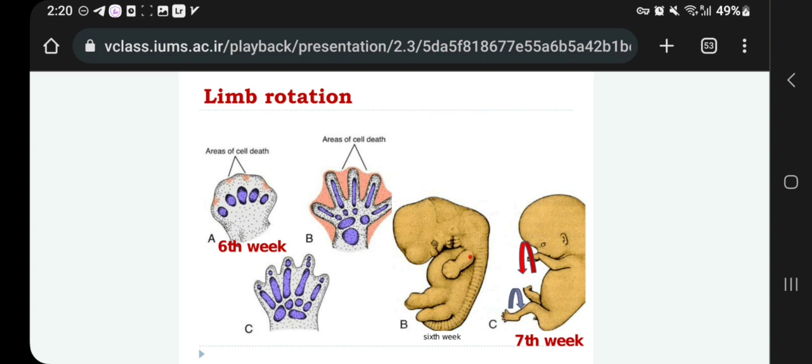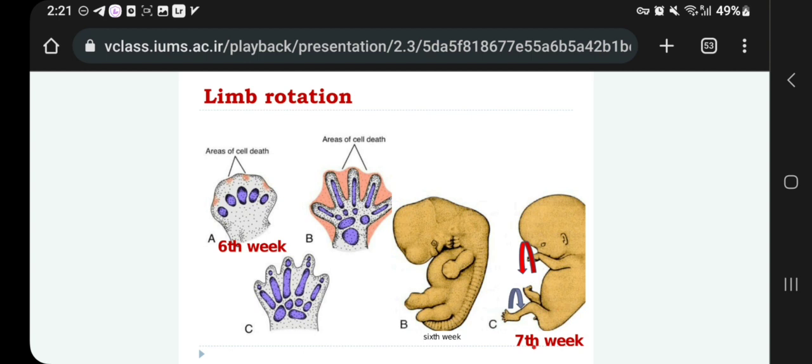For example, the upper limb bud appears at the beginning at day 28, but the lower limb appears at day 30. Sorry, with a 1 or 2 day difference between the morphogenesis of upper and lower.